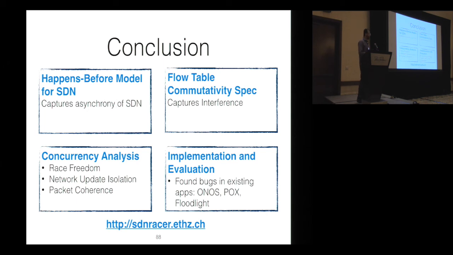Analysis for SDN, but in this work, it's focused on concurrency analysis, and packet coherence. Also, we have this implemented online, and it's actually reported some interesting bugs that are otherwise hard to find with existing tools and real controllers. And that's it. Thank you.